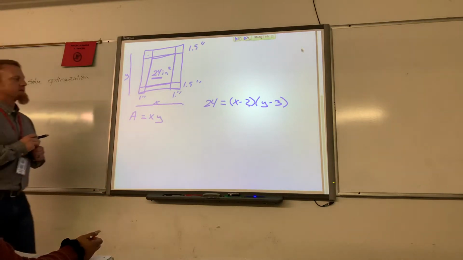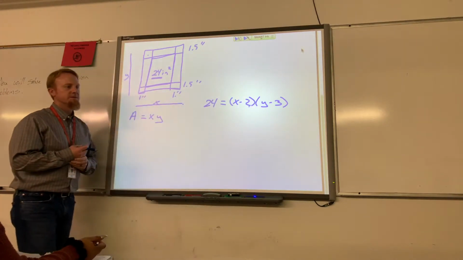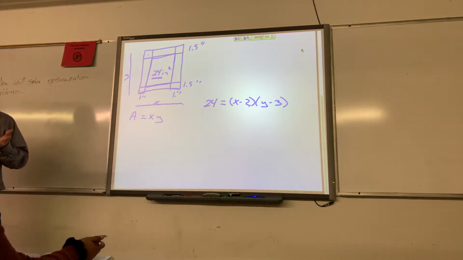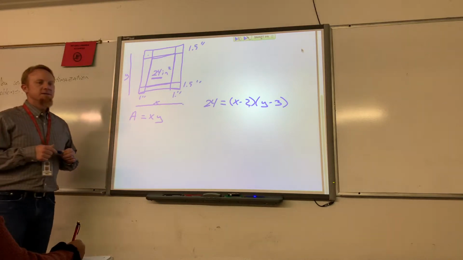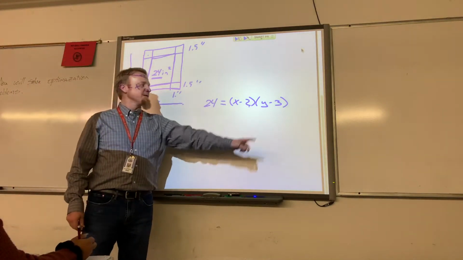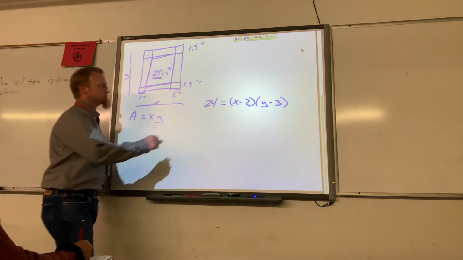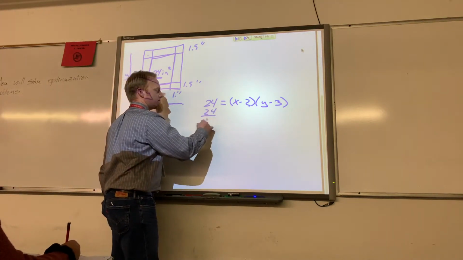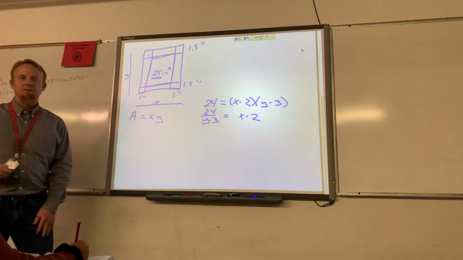Pick a variable and solve for it. So I need to solve for one of these two. It doesn't make a difference. The difficulty level is about the same. So let's solve for X. What am I going to do to solve for X? Multiply that out? I don't want to multiply it out. Divide, there we go. Good. And then what else do I need to do?